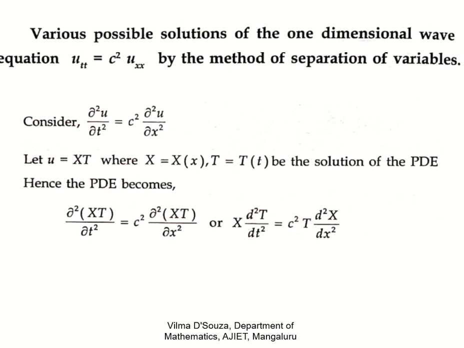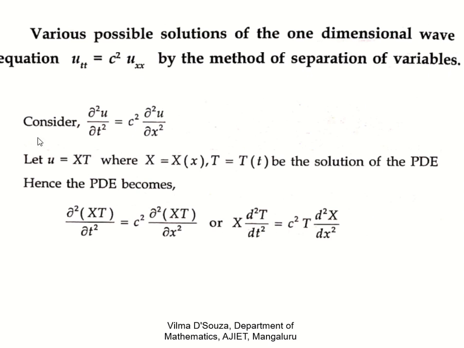So first we shall find various possible solutions of the one-dimensional wave equation by the method of separation of variables. We are finding the solution of the one-dimensional wave equation. You know what the wave equation is? We have derived it: u_tt equals c square u_xx.